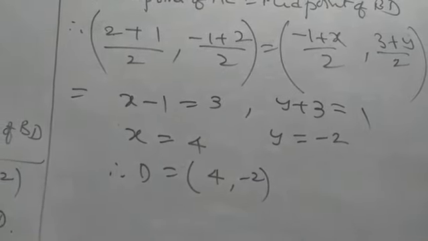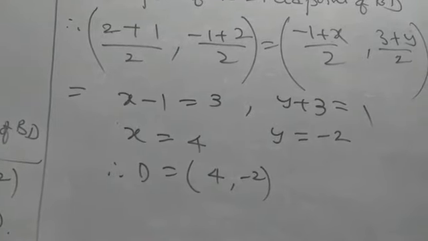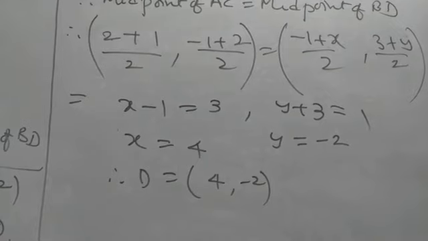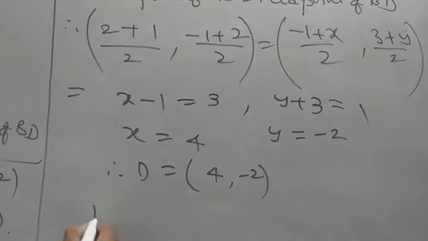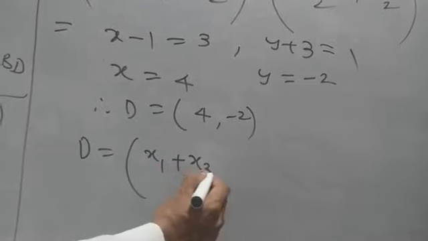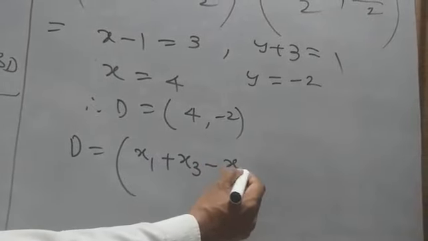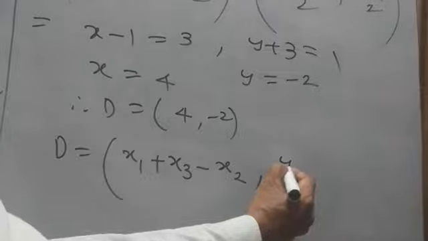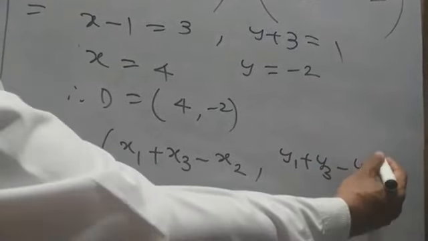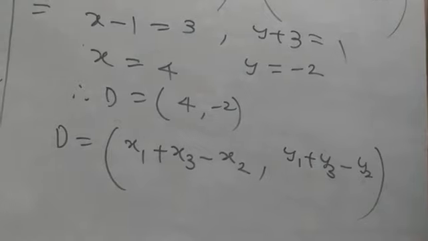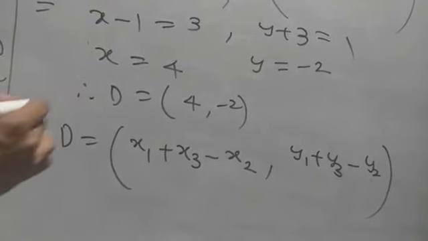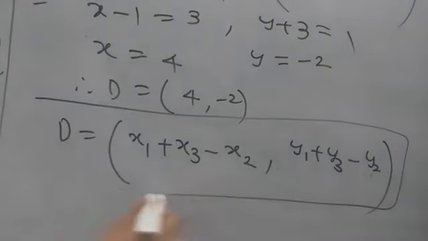For objective purposes, whenever they have given 3 coordinates and ask to find the 4th vertex, we can use the shortcut (x1 plus x3 minus x2, y1 plus y3 minus y2). This is for objective purposes. Whenever you need to find the 4th vertex, you can use this shortcut.